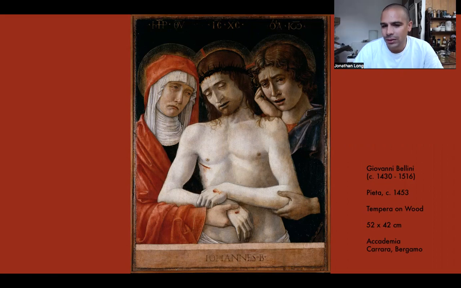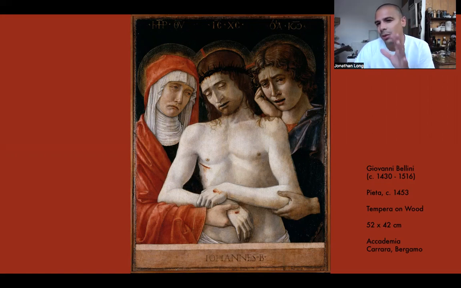Now, this painting is in tempera, and this is Giovanni Bellini using the medium that was used throughout the Middle Ages into the early Renaissance and used well into the 15th century, especially in Florence. And it's the medium of icons. It's the paint of illuminations.